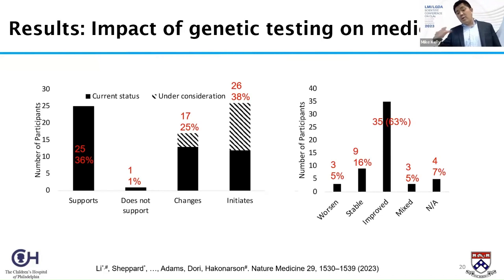And after a while, we monitored the outcome of the clinical improvement, and as you can see, the majority of patients have improved symptoms. 9 are stable, and 3 have a mixed outcome, and 4 are just too early to assess, and only 5%, 3 patients, have worsened symptoms.